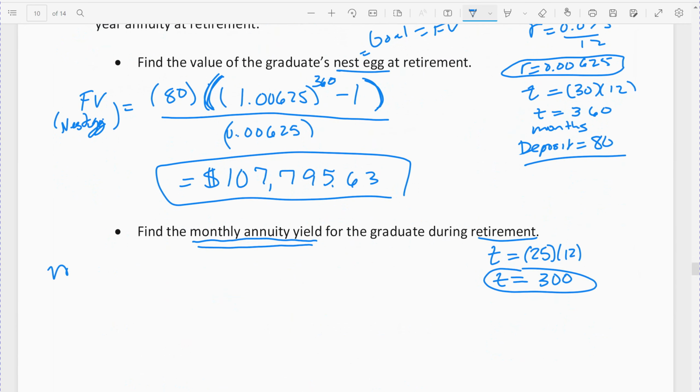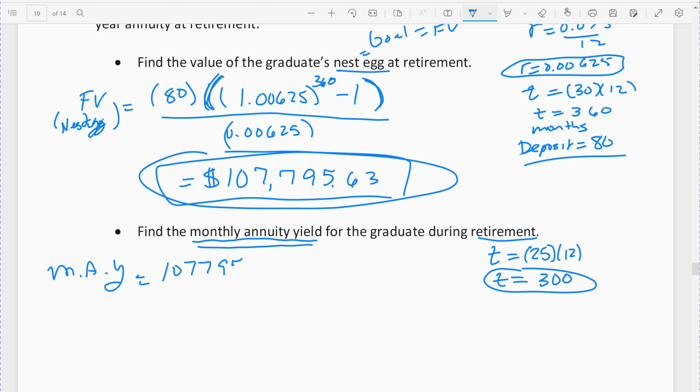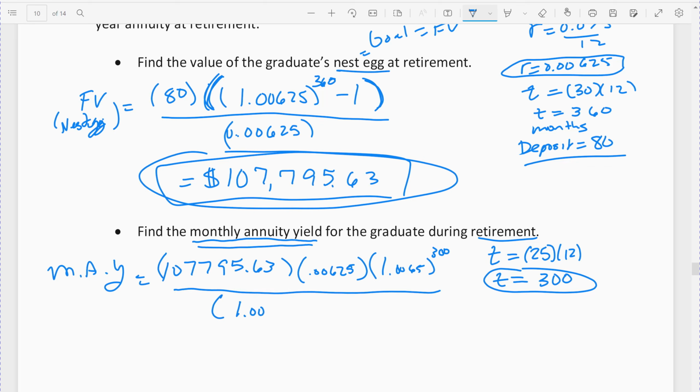All right, so monthly annuity yield would be my nest egg, which is this amount we just found, 107,795.63, times R, times 1 plus R raised to the 300, divided by 1.00625 raised to the 300 minus 1.